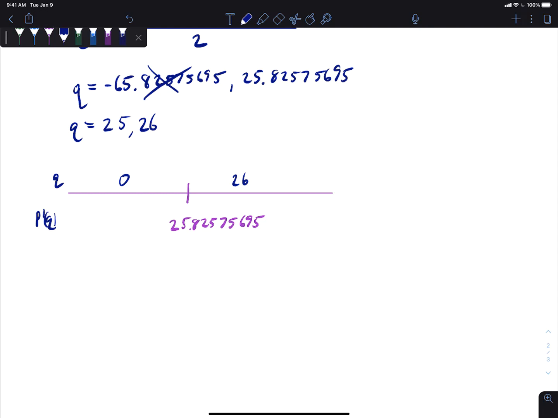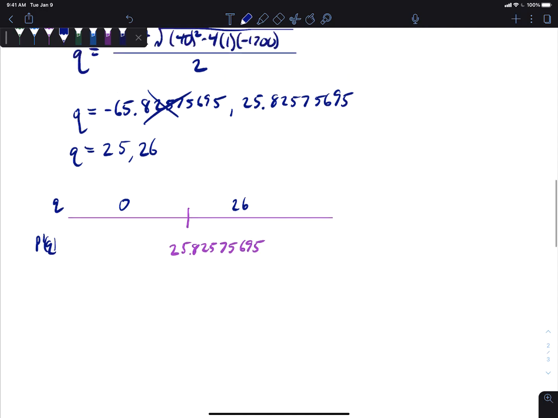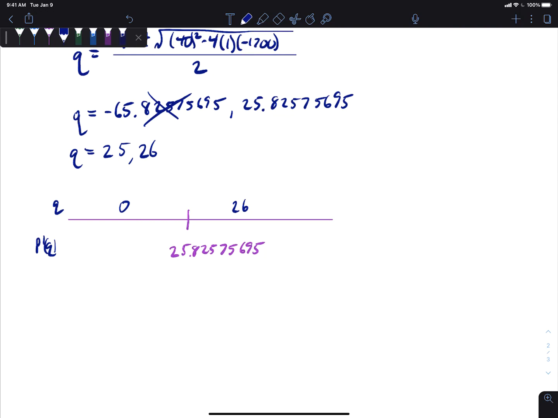Alrighty. So now that we know that, let's go ahead and find out the P prime. Sorry, P prime of 0. My apologies. P prime of 0 is 85.